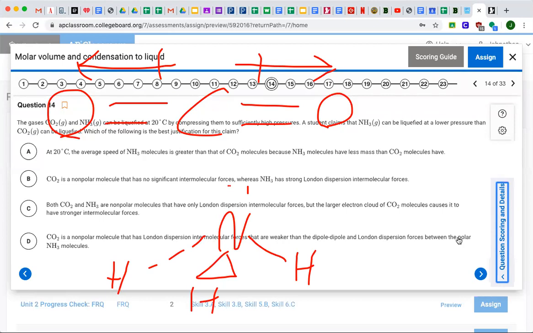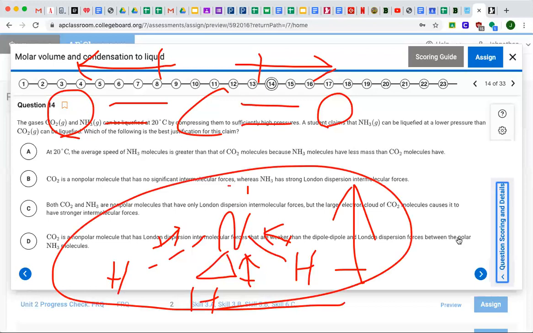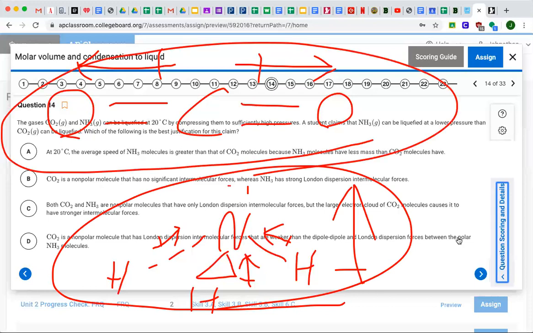So you've got little dipoles here and here and here, all adding up to one big net molecular dipole. So that molecule is polar, and polar molecules of the same size as nonpolar molecules hold themselves together better as liquids than the nonpolar molecules do. So that's why D is the correct answer.